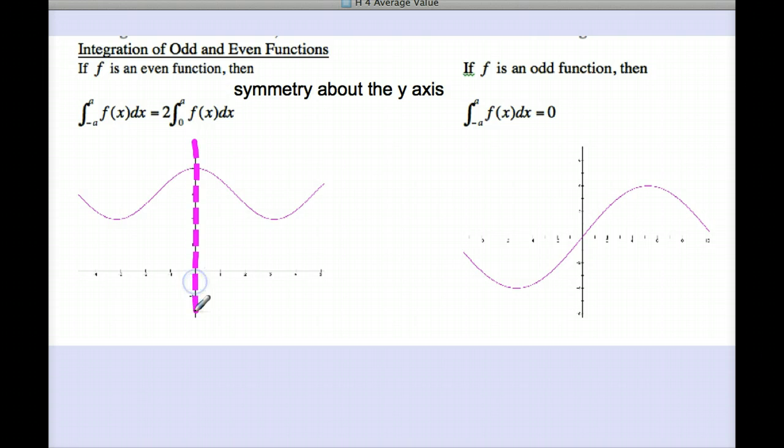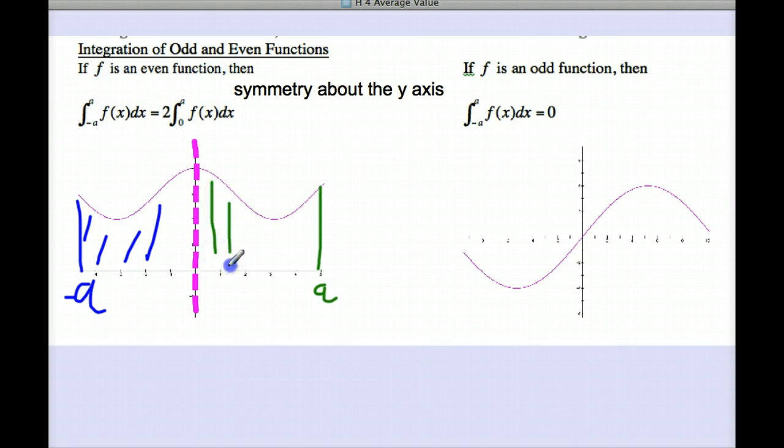you notice that this side of the graph, if I were to sketch in the area and call this right here negative a, this other half is actually the same exact area. So what I can do is shade this side, and let's say since it's symmetrical, this is positive a.